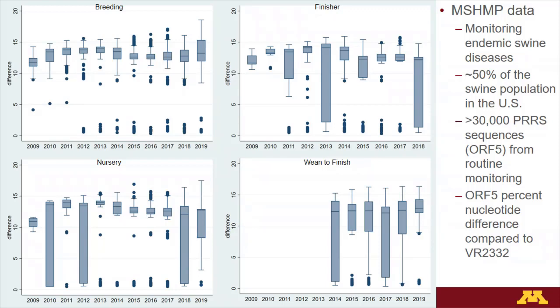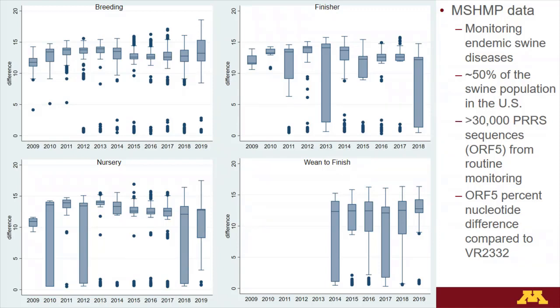So far we have over 30,000 sequences. With that very large data set, we tried to take a look at PRRS diversity. What I did here was calculate the percent nucleotide difference from each sequence to the reference VR2332, which is a historical reference.